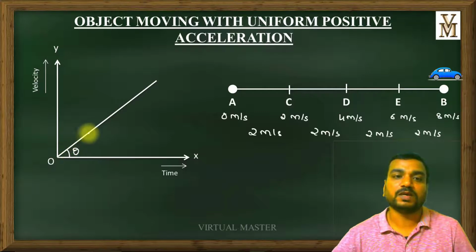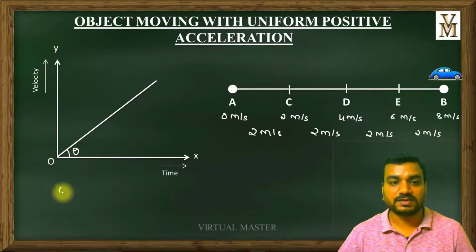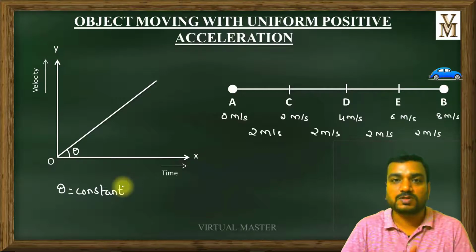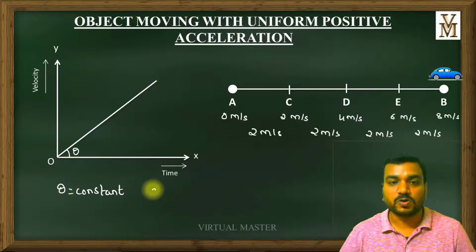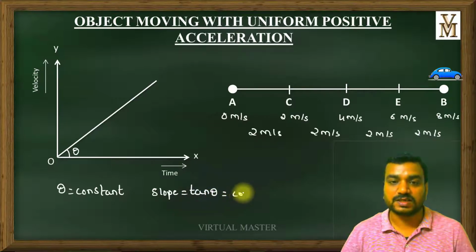From the figure we can make out that theta will be constant. So I can write theta is equal to constant. We know the formula for the slope of the curve, that is slope is equal to tan theta. Since theta is constant, naturally tan theta will also be constant, isn't it?